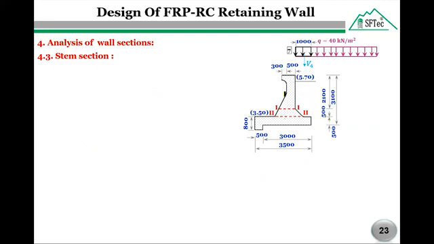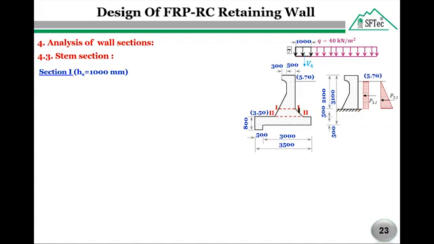As we see here on our right side, the stem has two different depths at section 1-1 and at section 2-2. So we are going to analyze these two sections. For section 1-1, the active earth pressures P1 and P2 due to surcharge and soil will be calculated at the selected depth.